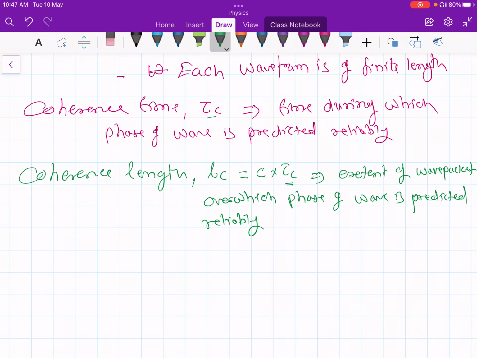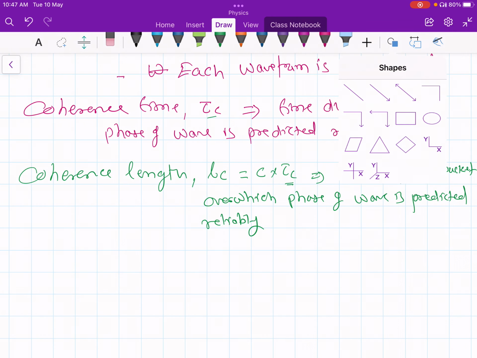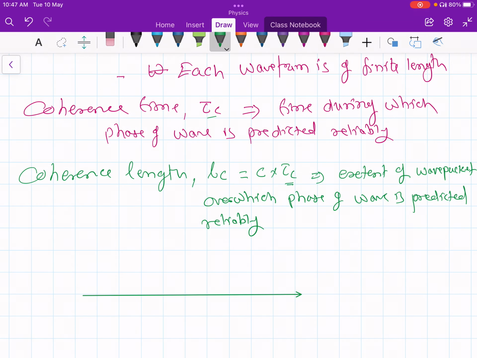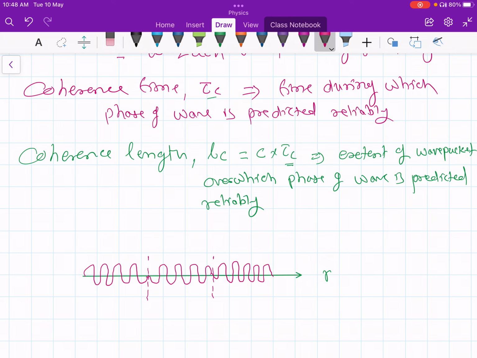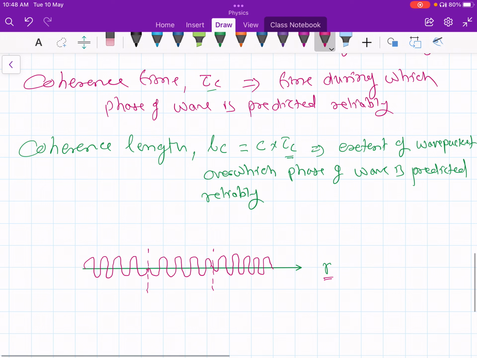For example, if we consider the axis to be the distance axis, then this is wave packet 1, wave packet 2, and wave packet 3, and so on. This is the separation between the wave packets. Now this distance is r. You will see such wave packets at any instant of time t.